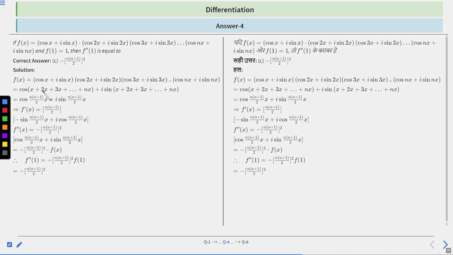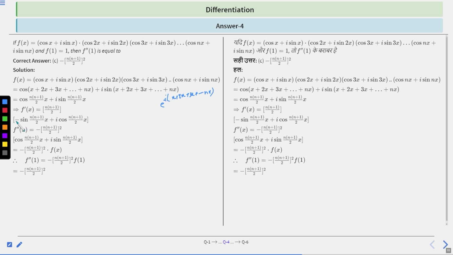So after moving to Euler form, it can be written as e to the power iota (x plus 2x plus 3x till nx), which can be written as cos of n into (n plus 1) by 2 x plus iota sin of n into (n plus 1) by 2 x.